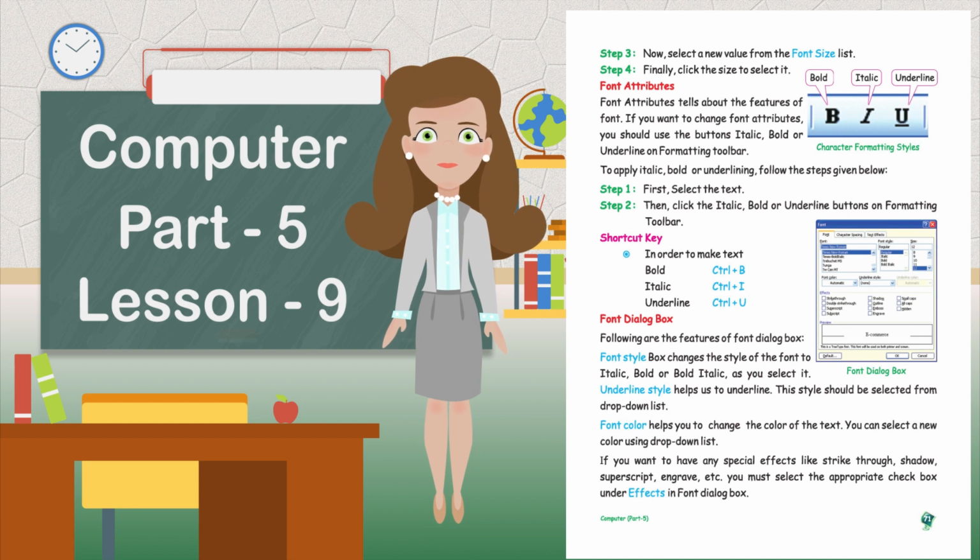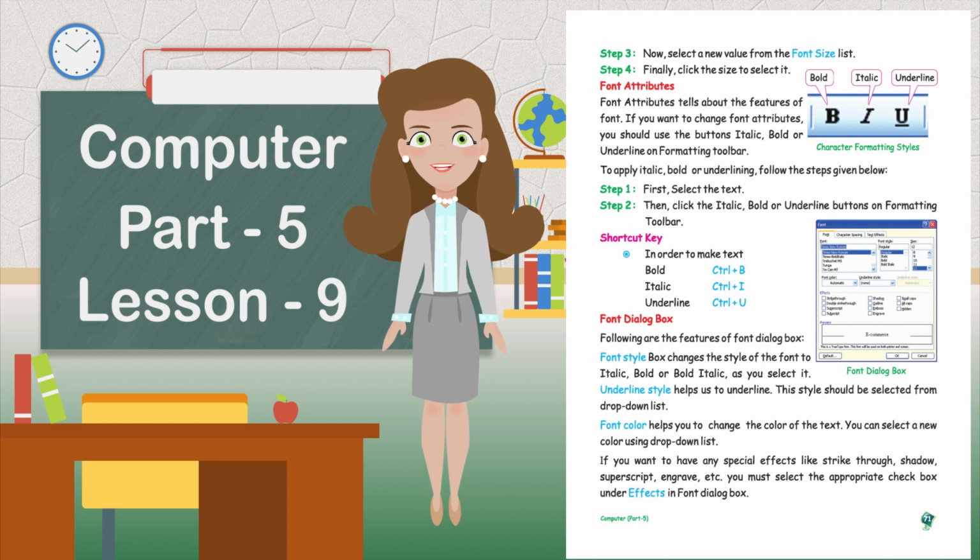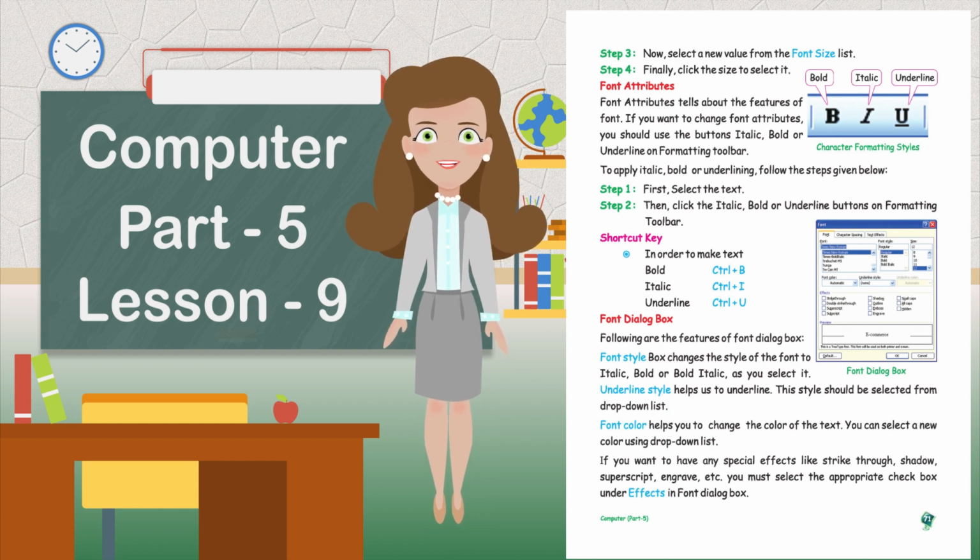Step 1. First, select the text. Step 2. Then, click the italic, bold, or underline buttons on formatting toolbar. Shortcut key. In order to make text bold, Ctrl plus B, italic, Ctrl plus I, underline, Ctrl plus U.